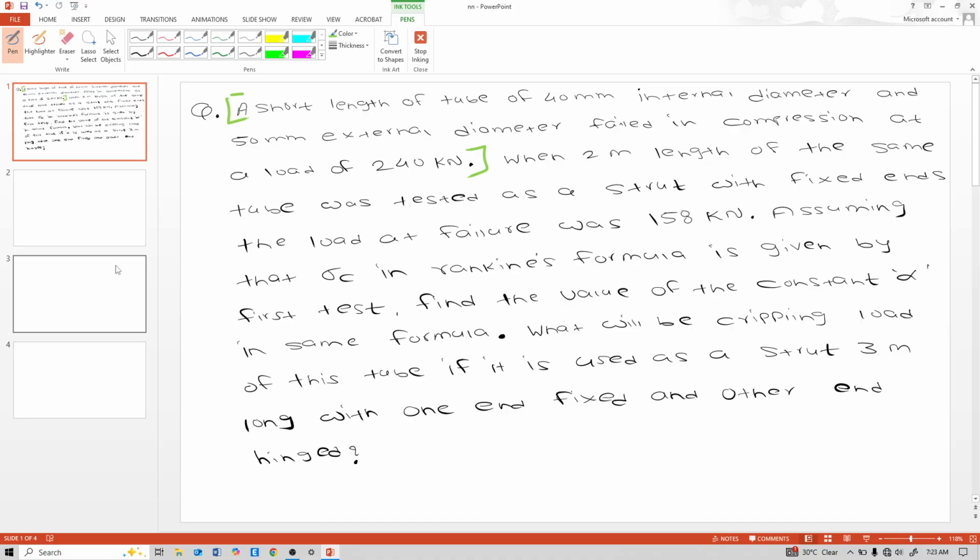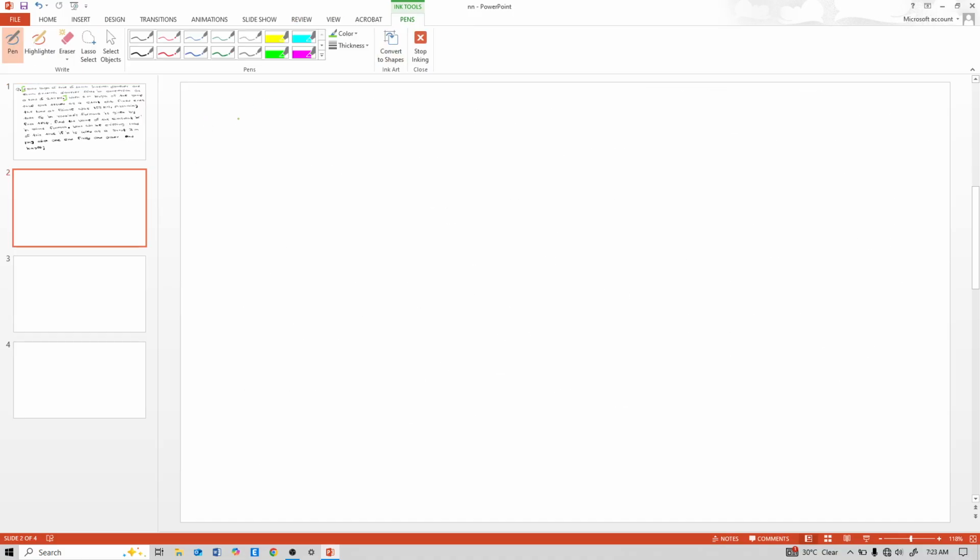So, see, this is a tube of internal dia small d and external dia capital D. Small d is 40 mm and capital D is 50 mm.